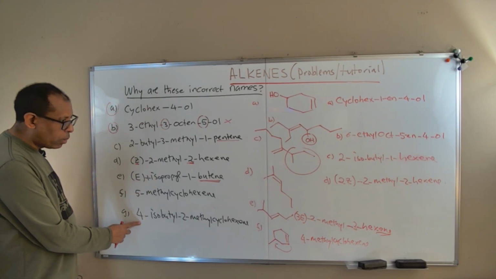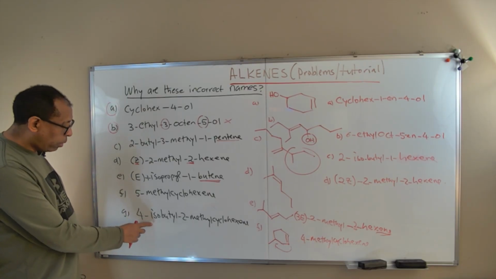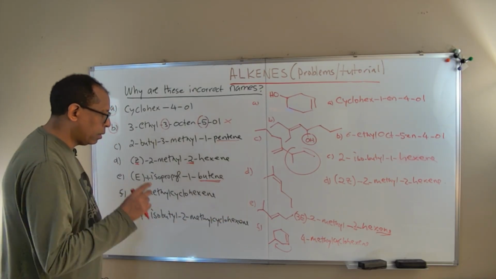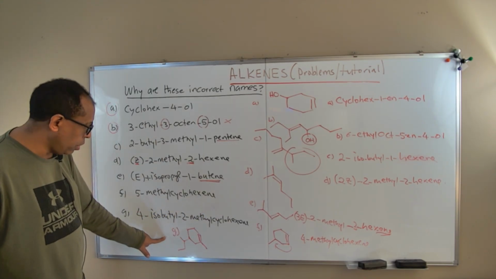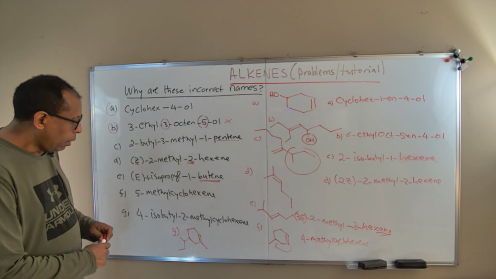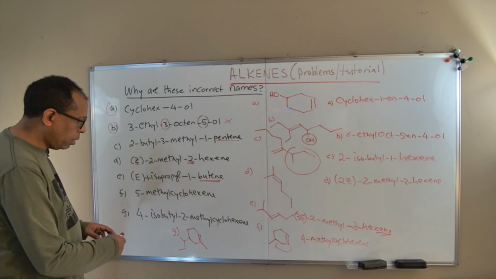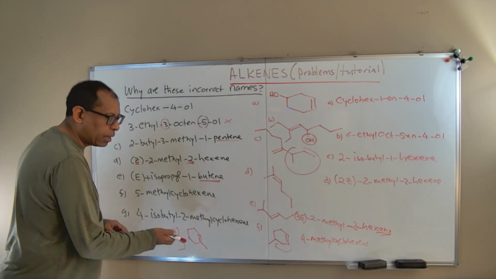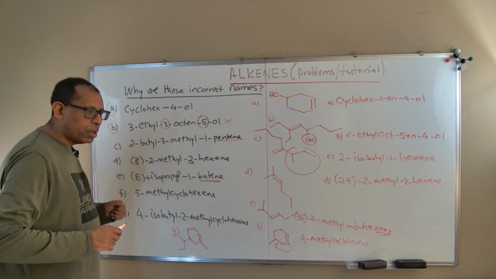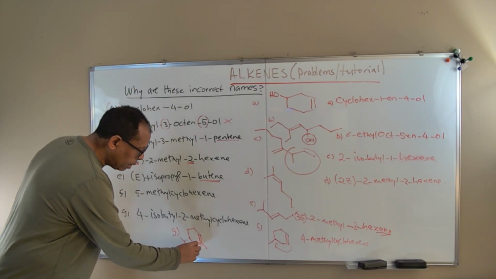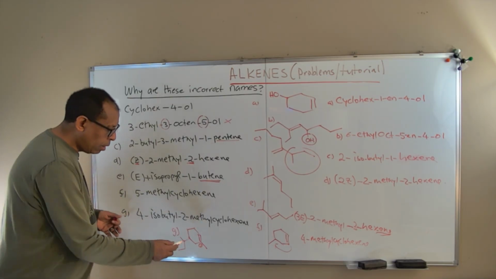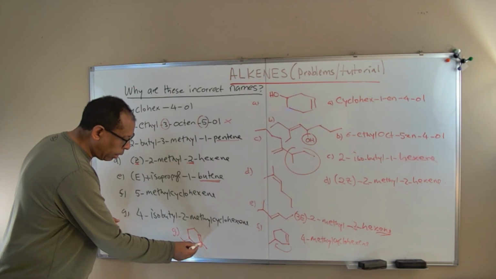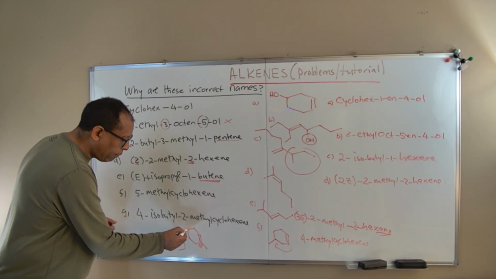Okay, the last one, G, it shows 4-isobutyl 2-methyl cyclohexene. This structure in G is possible, but the problem with this structure is that where the alkene takes the priority, carbon number 1 should be this, the substituted alkene carbon. That's where you should start. So if you start from there and count over the double bond, it will be 1, 2, 3, 4, 5.